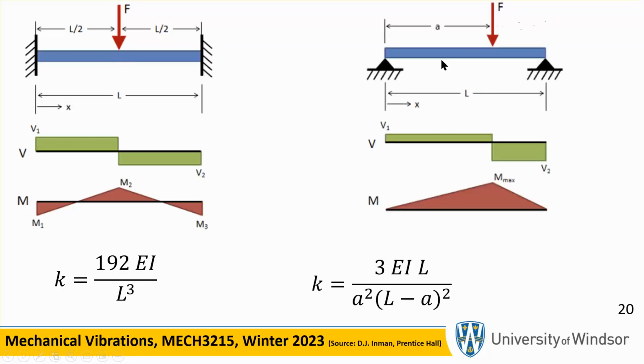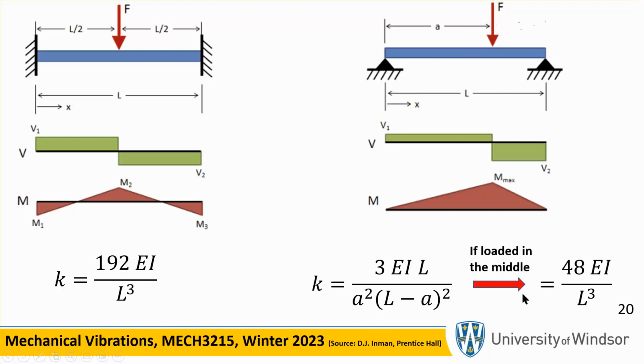And if you have a beam simply supported at the two ends and a force somewhere a distance a away, this is going to be the stiffness of this. In other words, you apply a force, it's going to deflect by some amount, and if you take the force divided by that amount, you get the stiffness. Very frequently this F is right in the middle, centrally loaded.